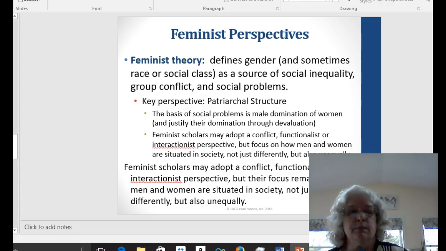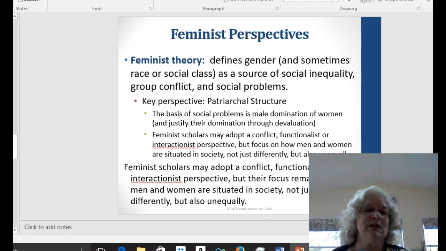Now, the feminist perspective can be either macro or micro because it falls under other theories as we start to look at it. There are a few chapters where we look at feminist theories. It is not one of the three primaries, and you can see that from our SLOs.